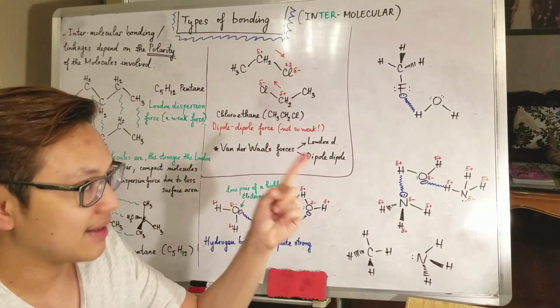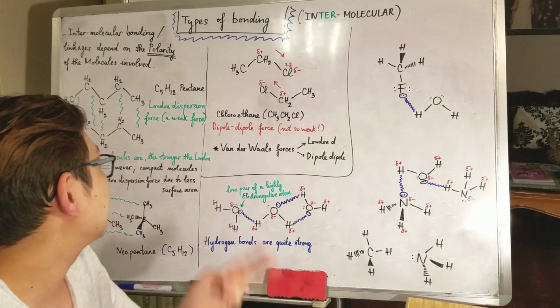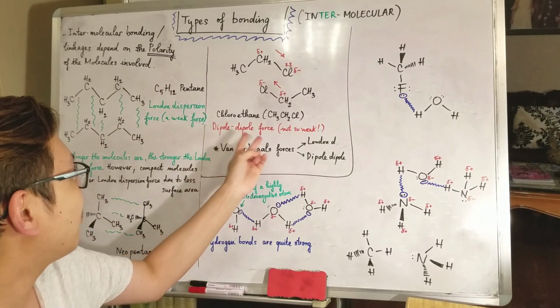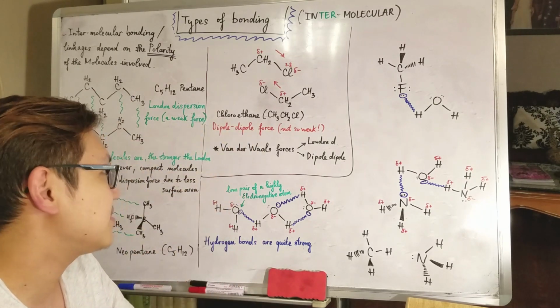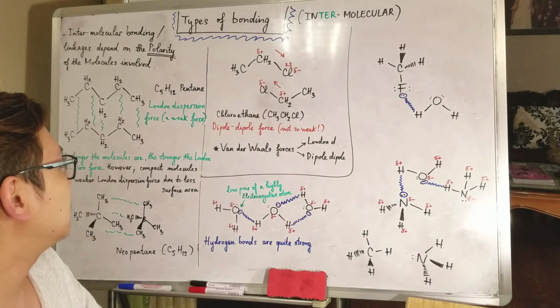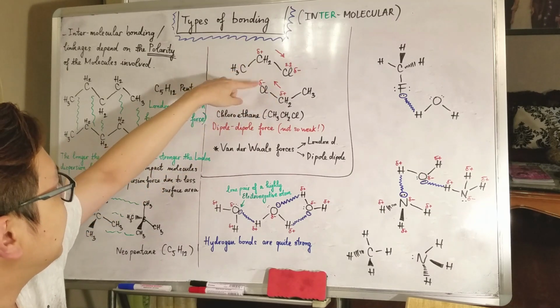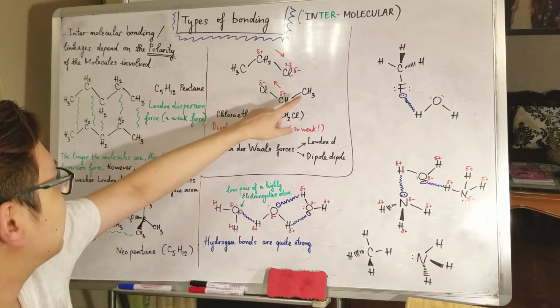Now, the second intermolecular force I would like to present today is the Dipole-Dipole Force, which is not so weak of a force. Let's look at this example. You can see that this is a chloroethane, and this is another chloroethane molecule.